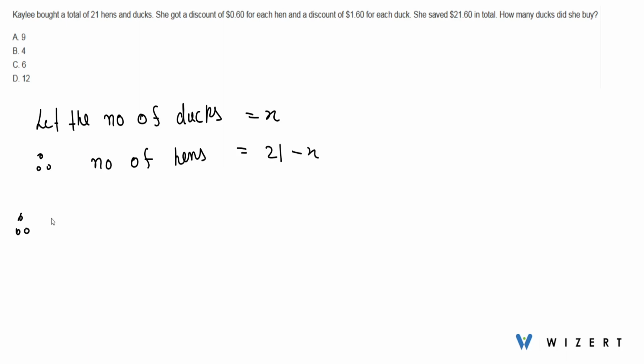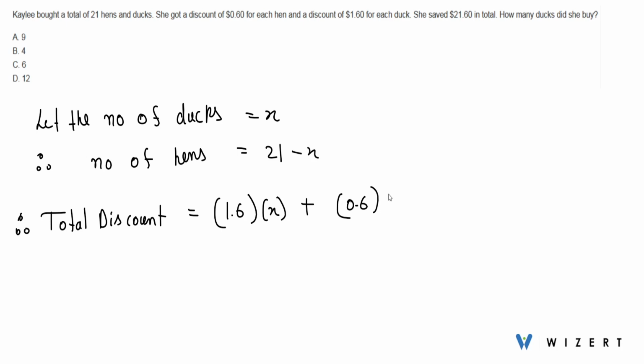Therefore, total discount will be equal to the discount on each duck, which is $1.6, so 1.6 multiplied by the total number of ducks which she bought, which is x, plus the discount on each hen, which is $0.6 multiplied by the total number of hens, which is 21 minus x.